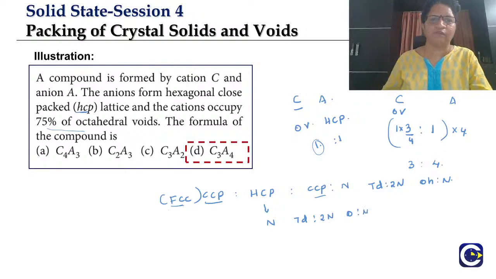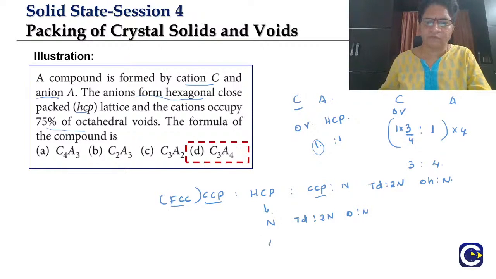A compound is formed from cation C and an anion A. The anions form hexagonal close packed. So anions are forming this. They didn't say about any charge, so I'm just writing it as A minus. Cations, nothing about the tetrahedral voids is given, so let's not take this.